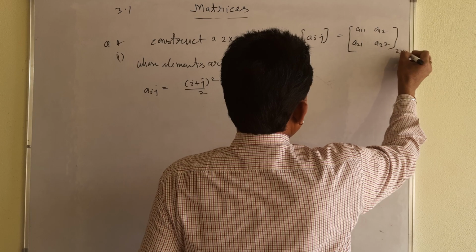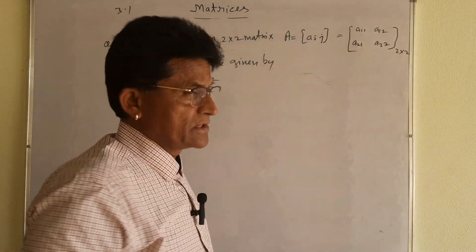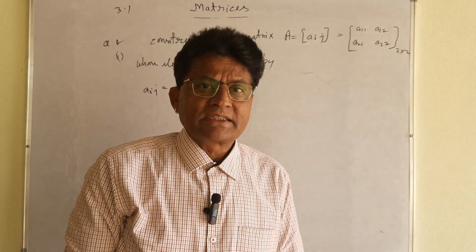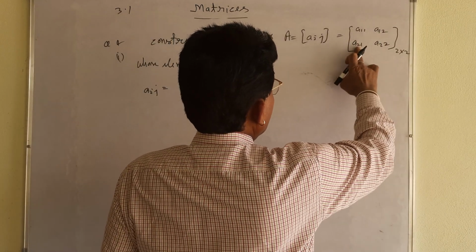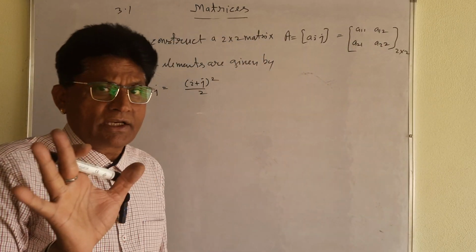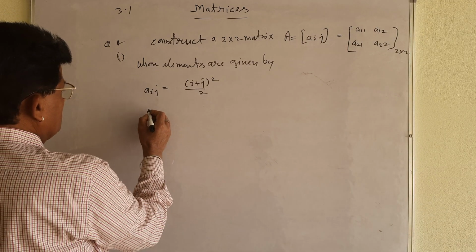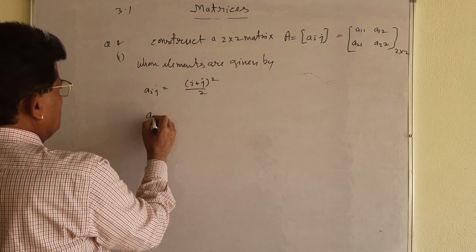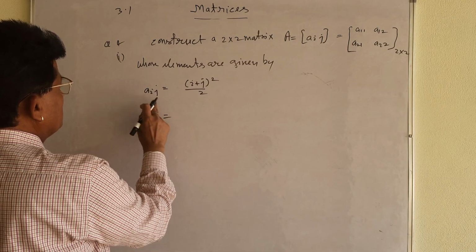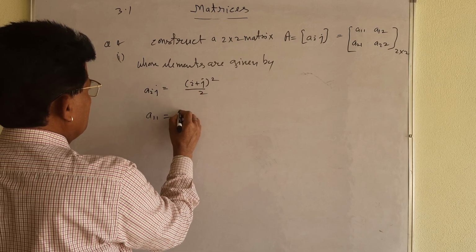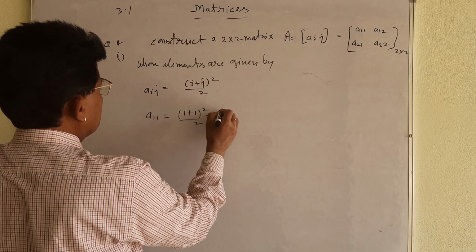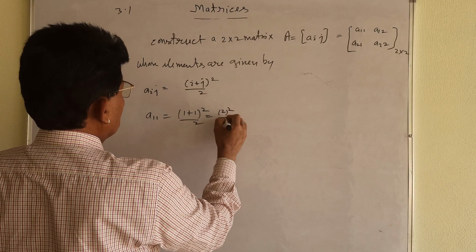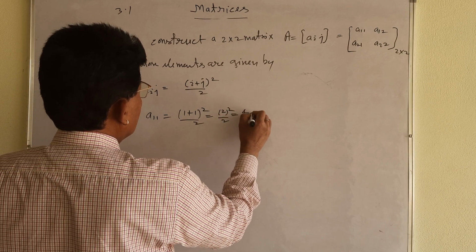That is a 2 by 2 matrix, 2 rows and 2 columns. That means we require the elements A11, A12, A21, A22 only. Let me find them. If i is 1 and j is 1, put 1 in place of i and 1 in place of j: (1 plus 1) squared by 2, that is 2 squared by 2, which is 4 by 2, meaning 2.